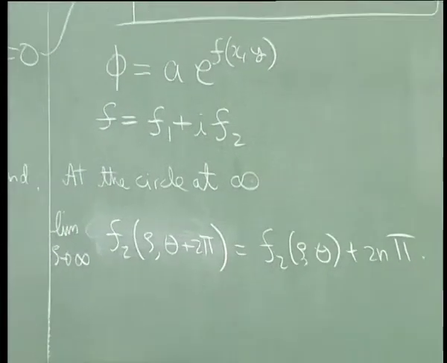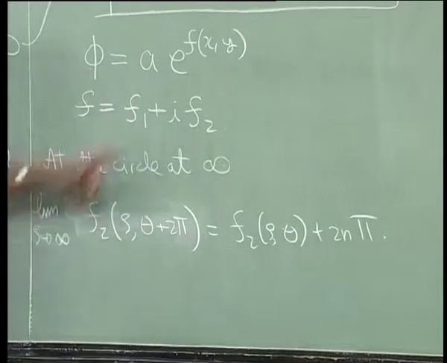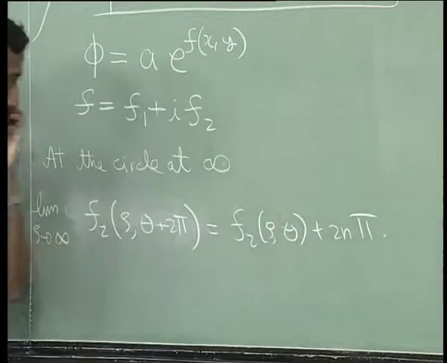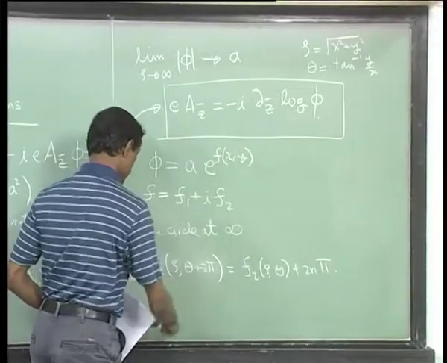Okay, this is the definition that it carries that much, because that was the flux, right. So, I have just translated that, because f2 is really the phase of phi, and this is what I get. This is also another condition that we have to solve. Okay, it is not enough to just say this.